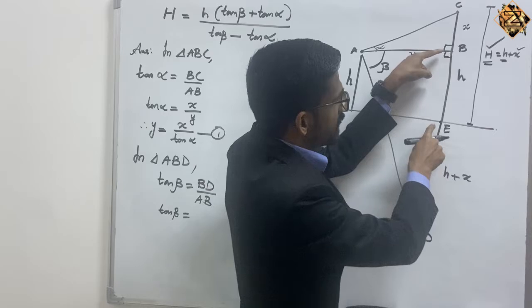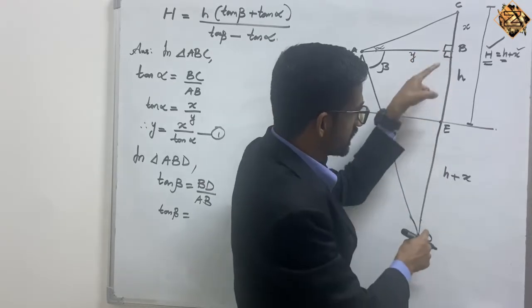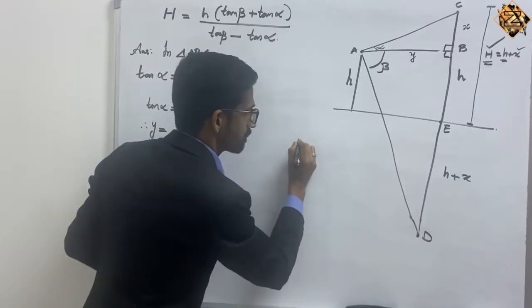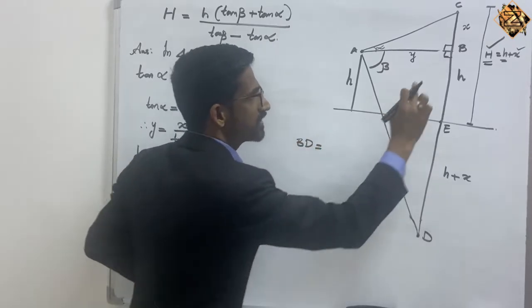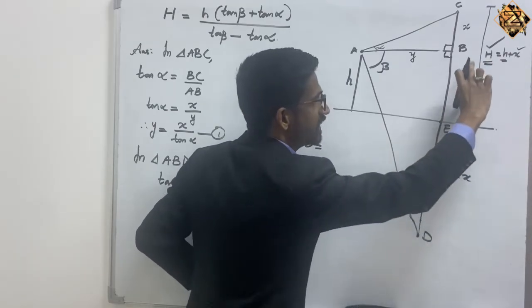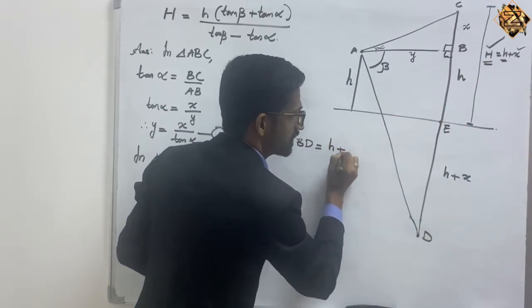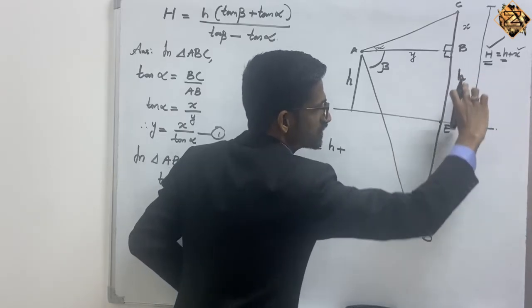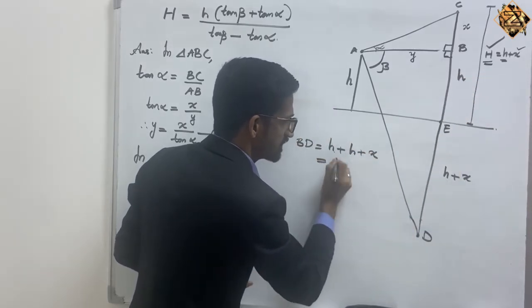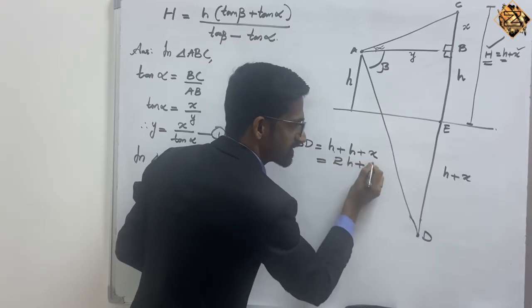BE is h, and ED is h plus x, so BD means BE plus ED, that is h plus h plus x, which is 2h plus x.